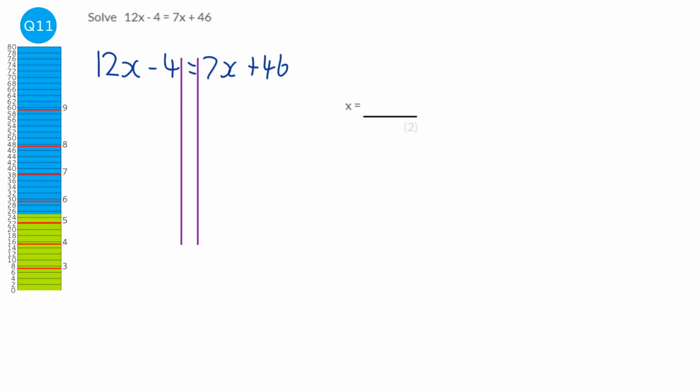So we're going to get rid of that first. So we've got our lines in, and we're going to take away 7x both sides. And so 12x take away 7x is 5x, and the 7x is gone, so it's just equals to 46. Then we've got the minus 4 to get rid of, so we're going to add 4 both sides.